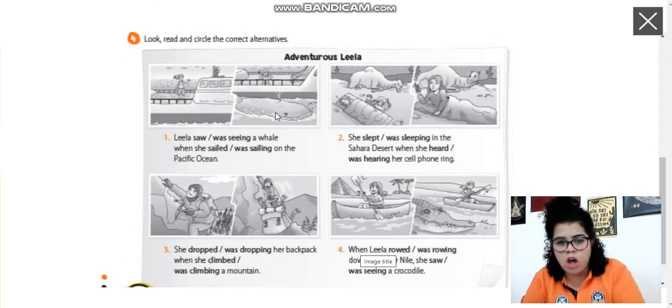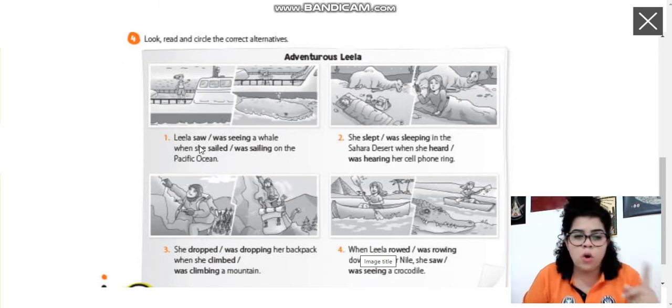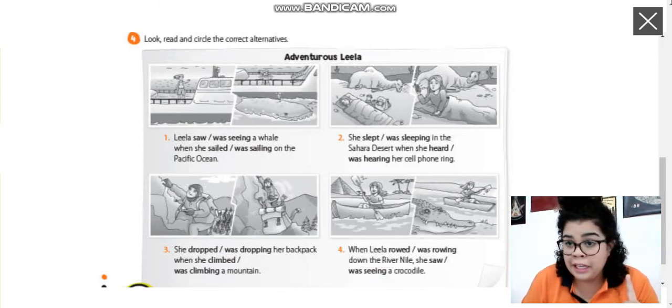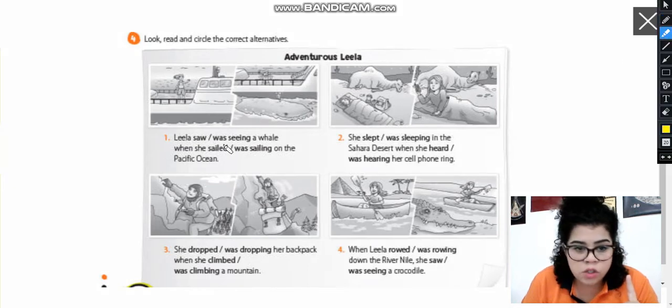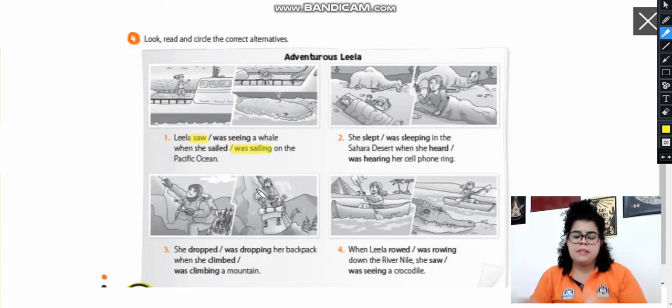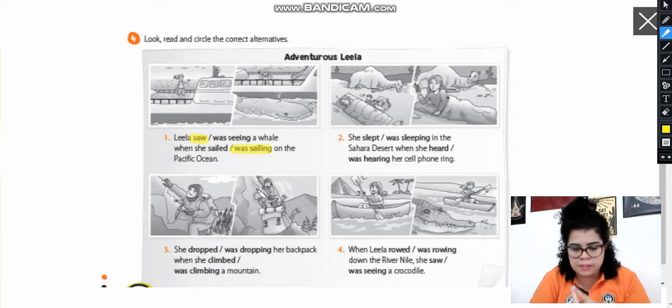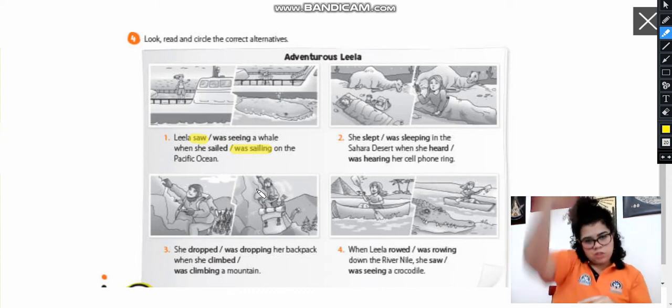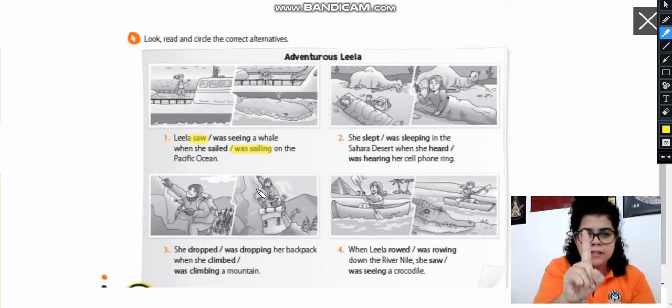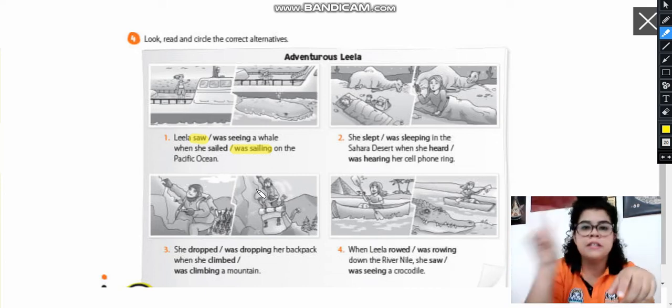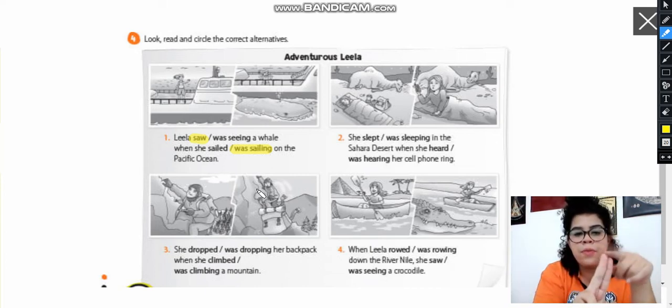Then she saw a whale. So Lila saw a whale when she was sailing on the Pacific Ocean. So the first thing she did is sail in the Pacific Ocean, and then she saw the whale. So the first action with -ing, the second action with the verb in the simple past.